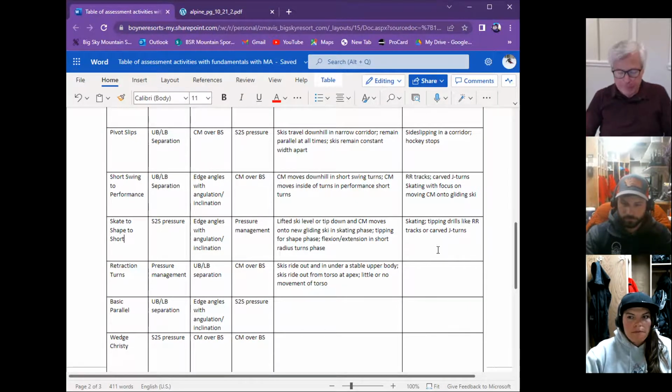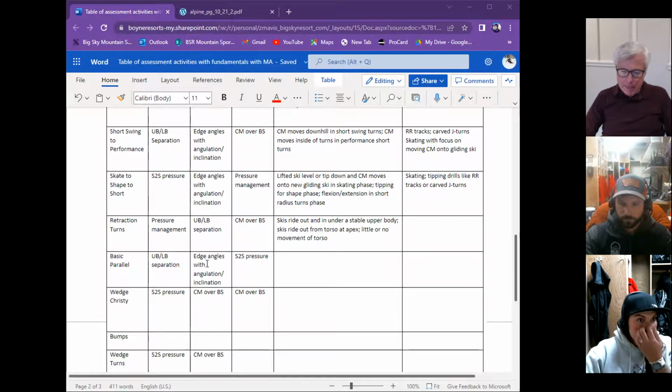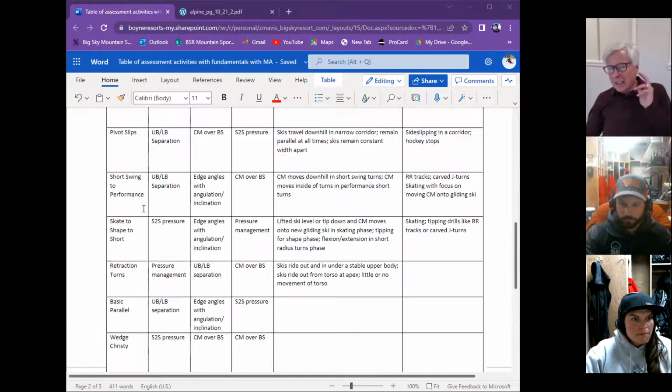I have a sense that there are three pieces here, and that identifies three different kinds of ski performances and body movements necessary to achieve that. But I'll go back to, what are you seeing in the candidates that would say, I want to do skate to shape to short to verify?